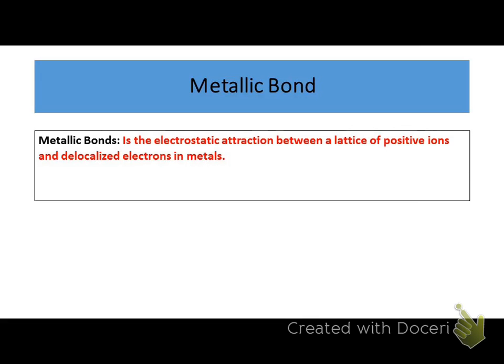All right, so now let's get into what a metallic bond is. Essentially, a metallic bond is an electrostatic attraction. There's our word, electrostatic, again. It's an electrostatic attraction between a lattice. Now, what we mean by a lattice is a crystal structure.